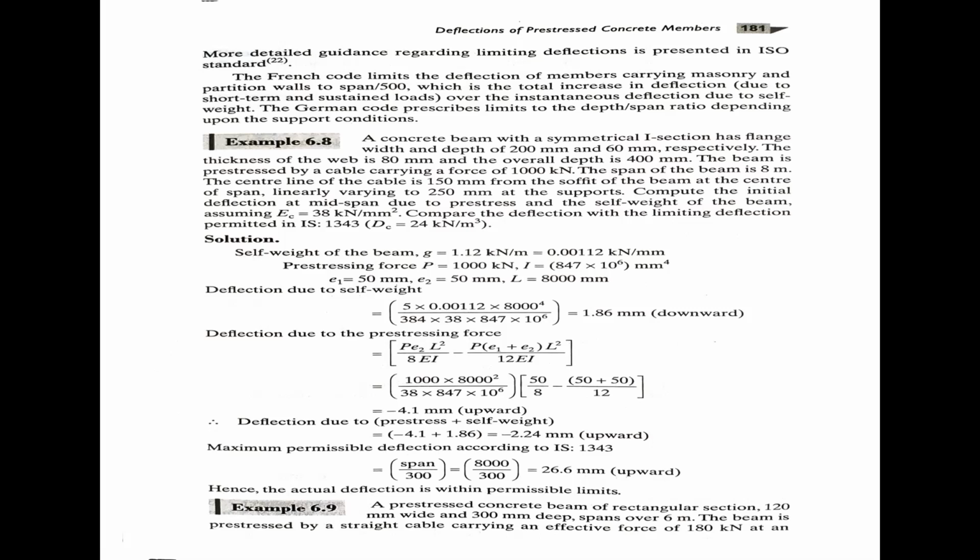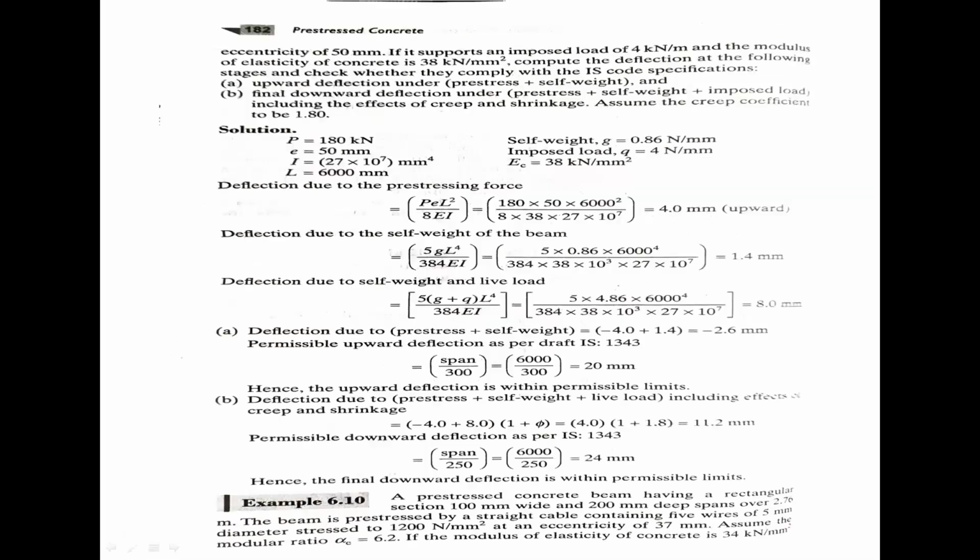Okay, now another example, problem 6.9. Read the problem now. A prestressed concrete beam of rectangular section is 120 mm wide and 300 mm deep, spanning over 6 meters. The beam is prestressed by a straight cable carrying an effective force of 180 kilonewtons at an eccentricity of 50 mm.